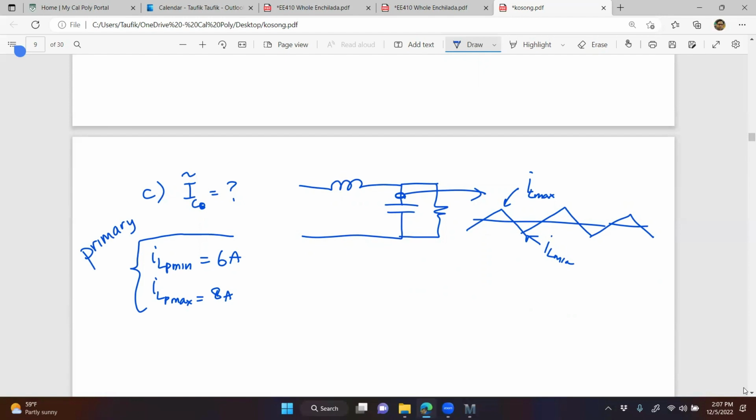So can we get it back to the secondary side? Yes, you use the turns ratio. That's correct. It's going to be stepped down, because the turns ratio for the voltage is stepping up, 1 to 3. Therefore, for the currents to be stepping down, it should be divided by 3.